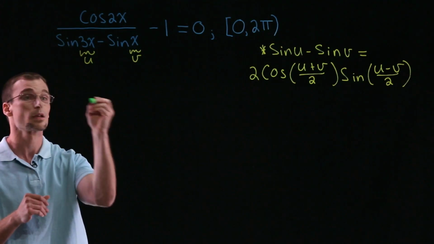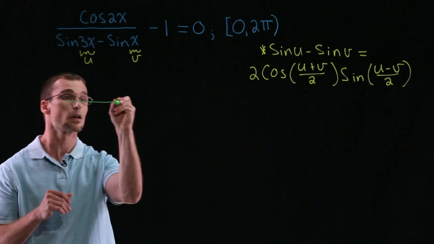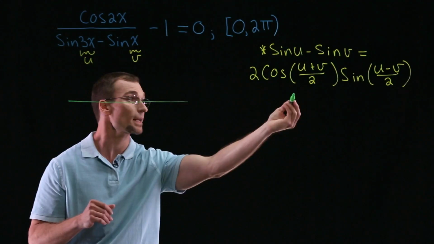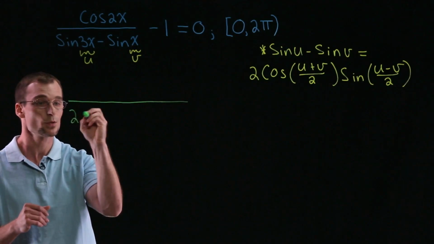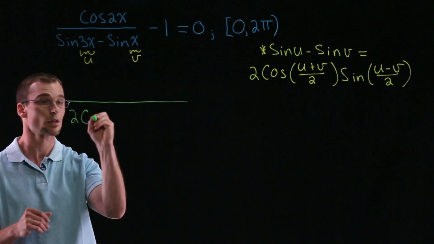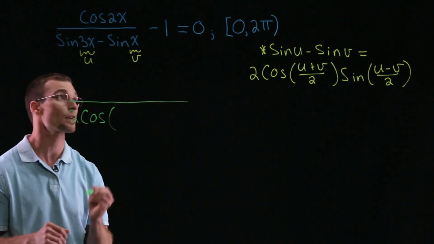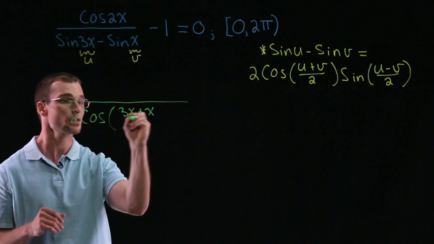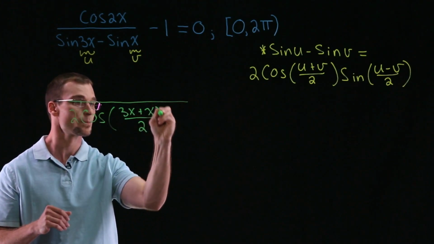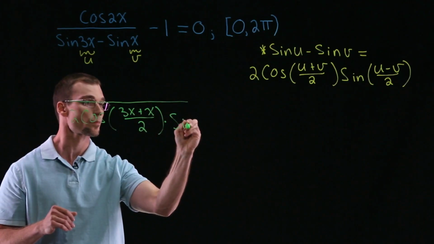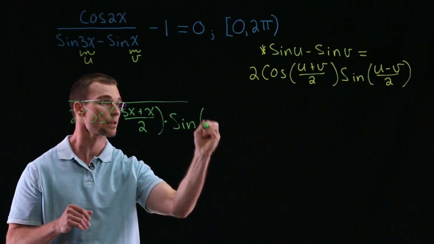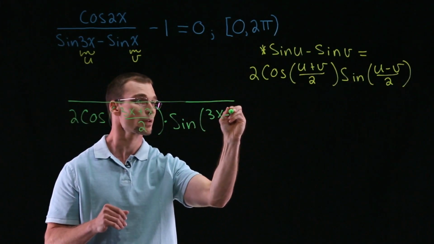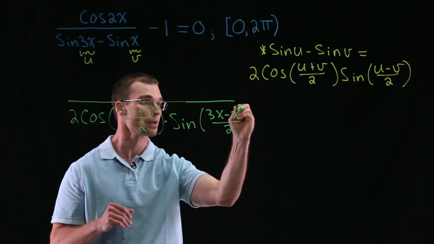So the left-hand side is going to be equal to, using the right-hand side of our formula for the bottom, 2 times cosine of u plus v, or 3x plus x, all over 2, times the sine of u minus v, or 3x minus x, all over 2.